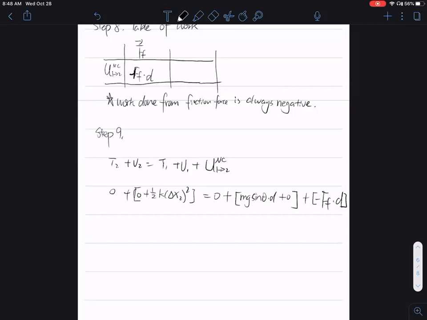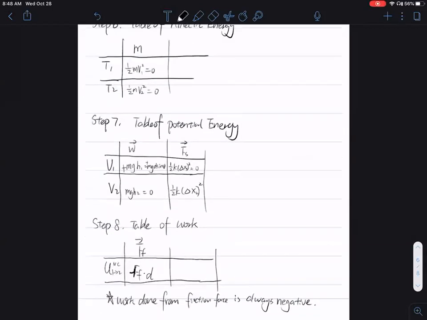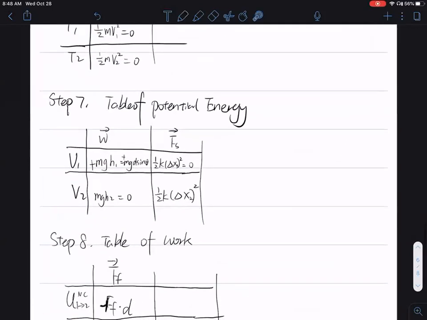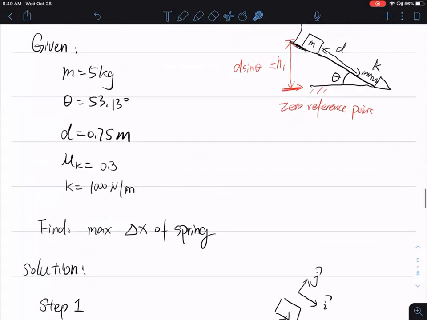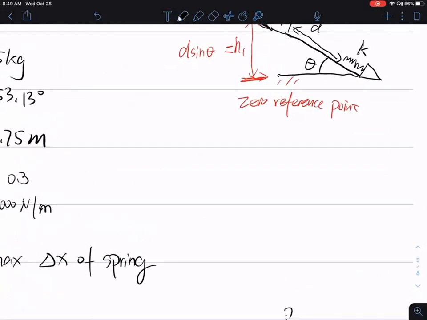Okay, one more thing. What we did here is not very accurate, because if we look at the potential energy, we assumed at position 2 there's no potential energy because it hits the spring. But if we look closer at this problem, if we draw position 2, the spring got compressed. That's your block, and you still have a little bit of potential energy.